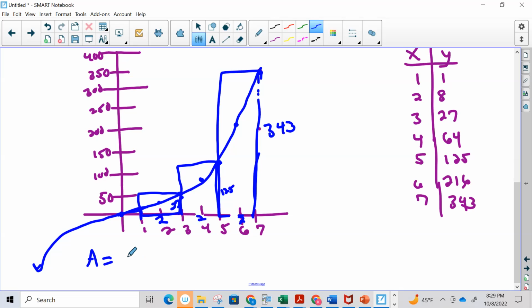So for this first rectangle, we're going to do 2 times that height, which is 27, plus 2 times the height of that rectangle, which is 125, plus 2 times the height of this rectangle, which is 343. And that's 990. And obviously our rectangles are above the curve, and so this is going to be an overestimate in this case. But it just gives us a starting point of what the area would be.